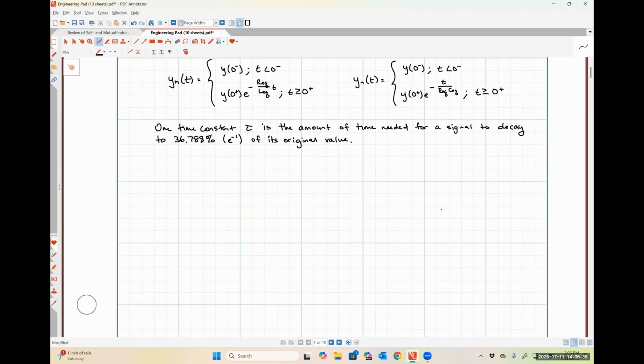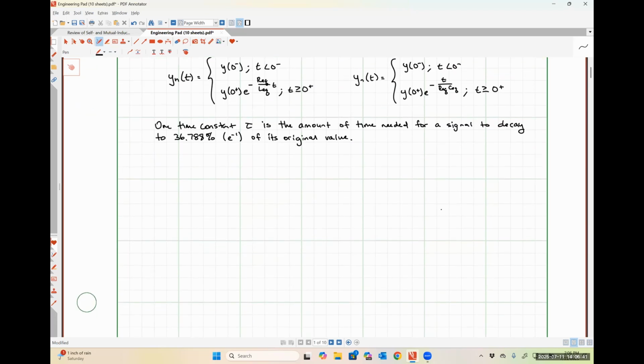So if we plotted something here, this will be y_n(t) divided by y_n(0+), so this is a ratio, and here is time on this axis.